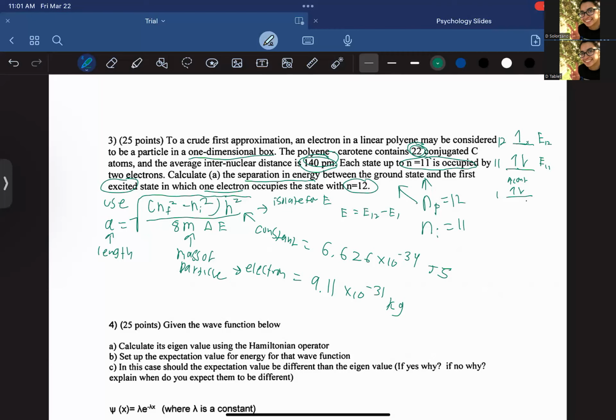I still don't know what A would be. Is it going to be this? I feel like average internuclear distance. All right, we're going to have to deal with this up here, so let me clear some space. So we have our average internuclear distance being 120 pm, and then 20 conjugated C bonds. So we have conjugation, which kind of looks like this.